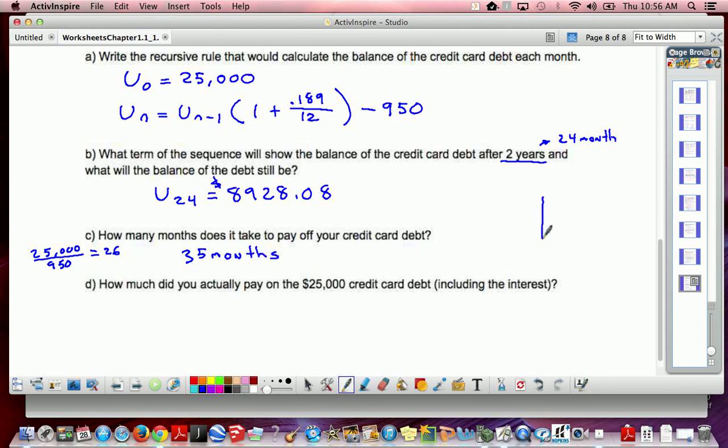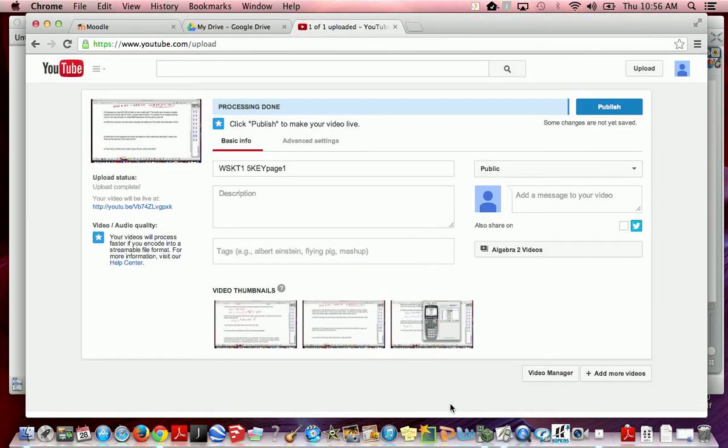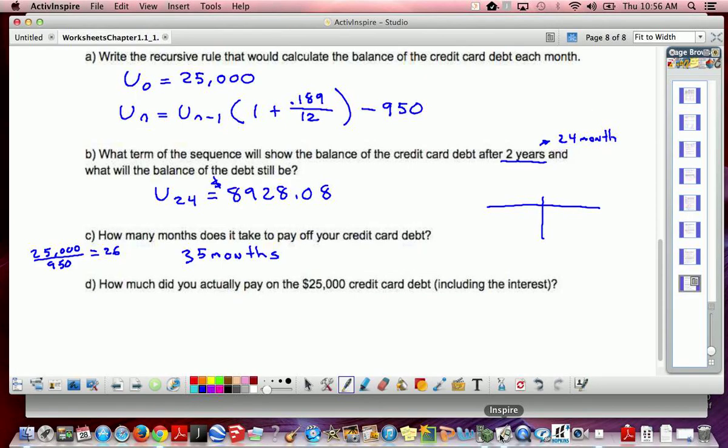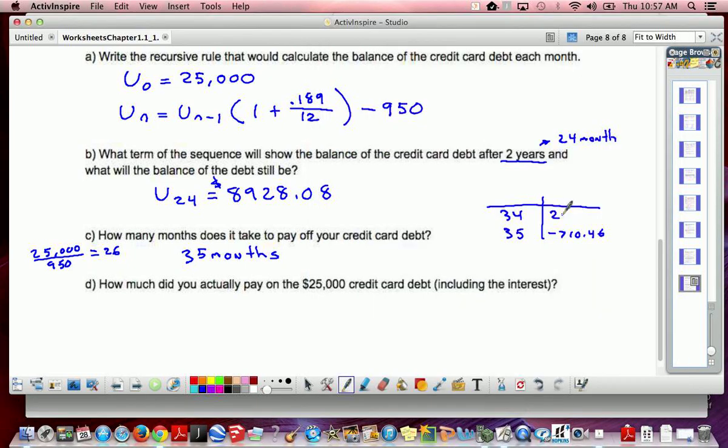So now, just to note from my calculator here, notice how it's 235.83 and then negative 710.46. Sorry, the calculator said 235.83, and the negative 710.46 was the 36th month.